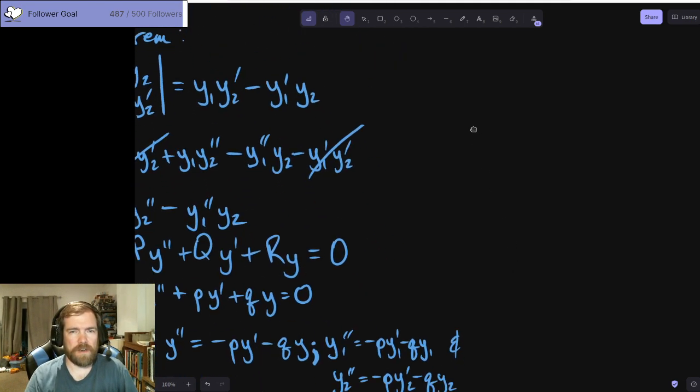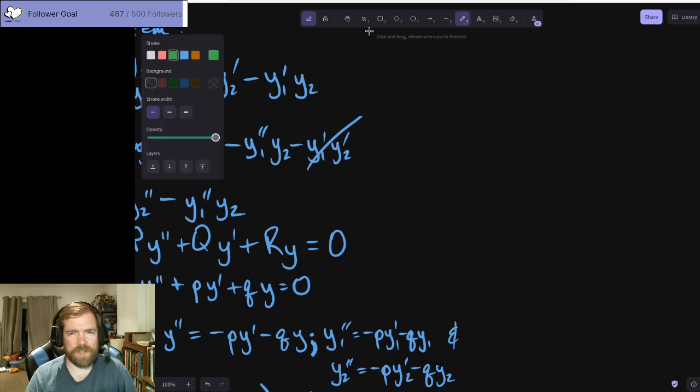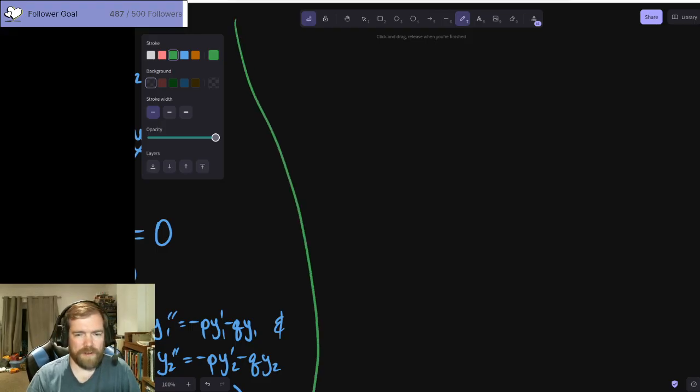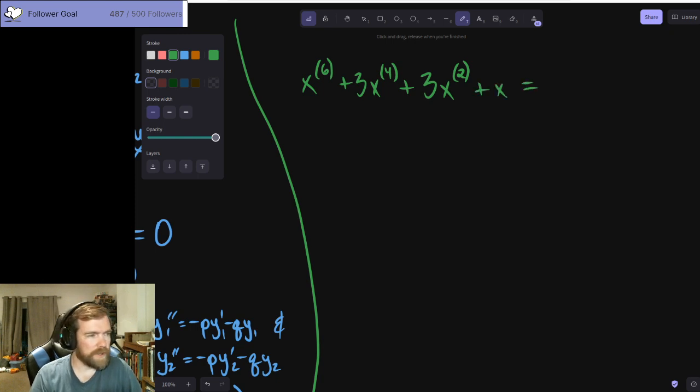The one that I said, ooh, that's spicy, was higher order: the 6th derivative of x plus 3 times the 4th derivative of x plus 3 times the 2nd derivative of x, which is just x double prime, plus x, the 0th derivative, is equal to 3t squared sine plus cosine of t.